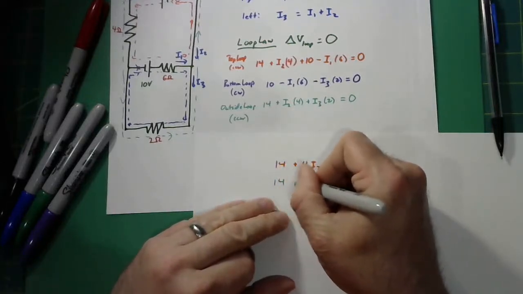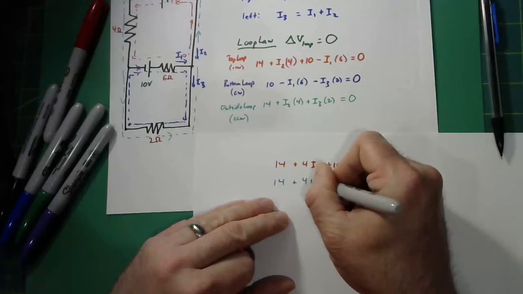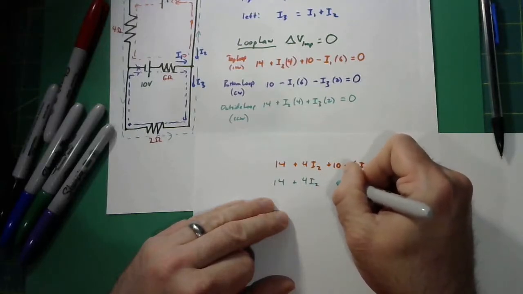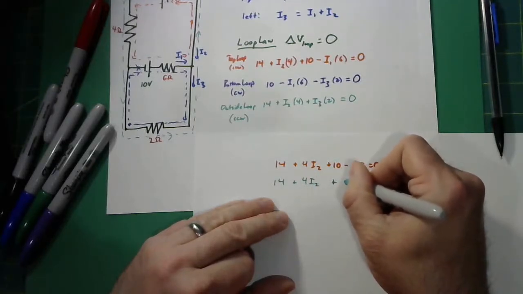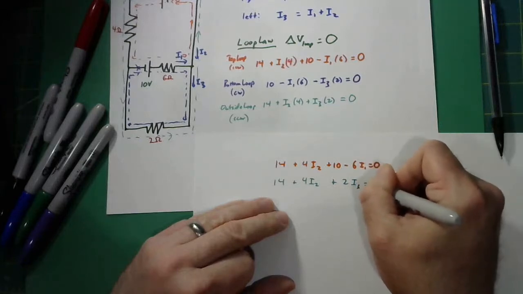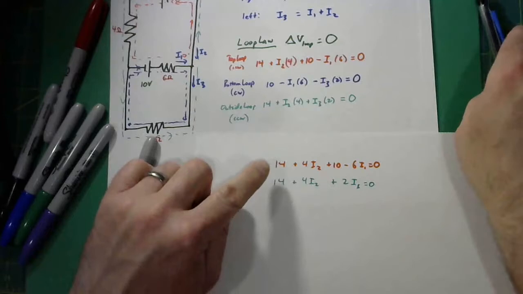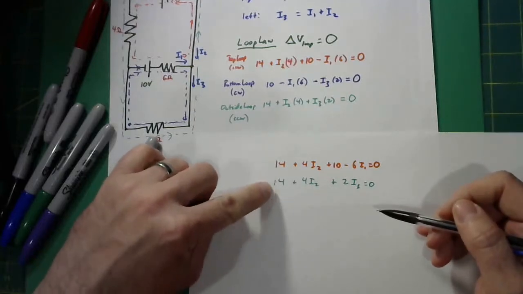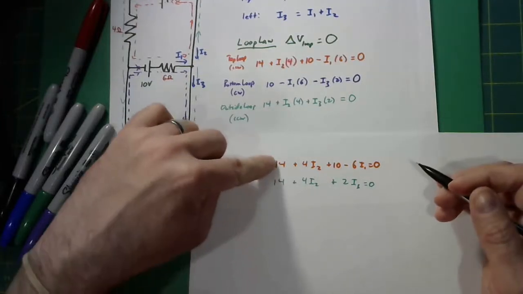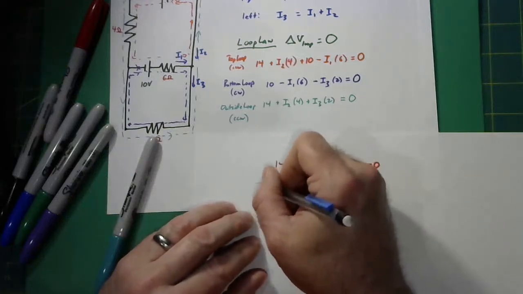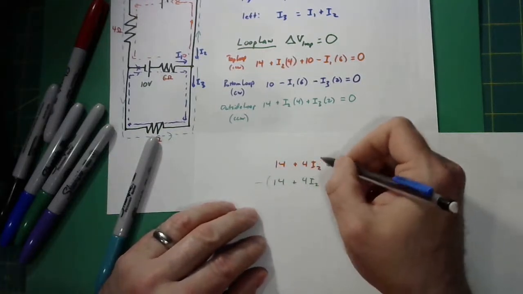Here's the outside loop: 14 plus 4i2 plus 2i3 equals 0. If I did these, you might say, wait a minute, if I subtract the teal equation from the orange equation, look what's going to happen.